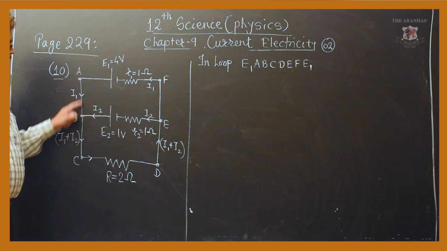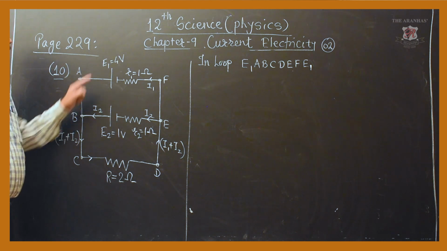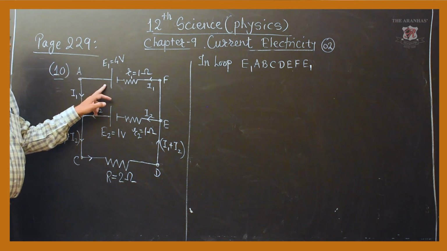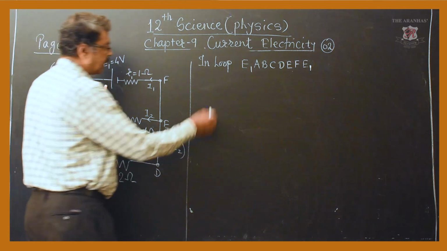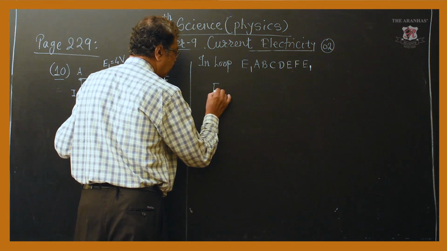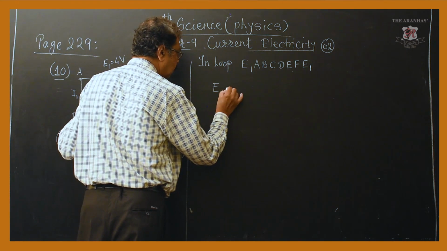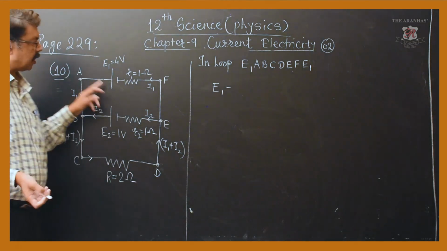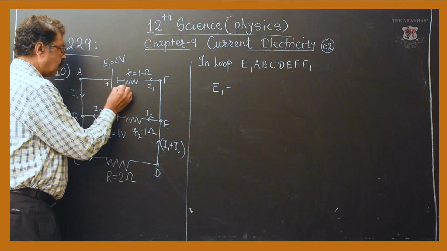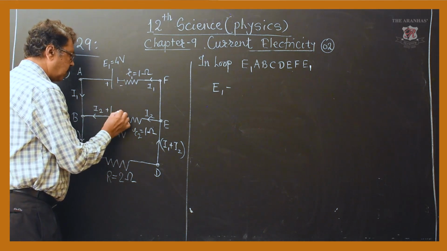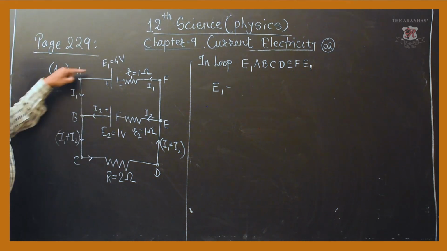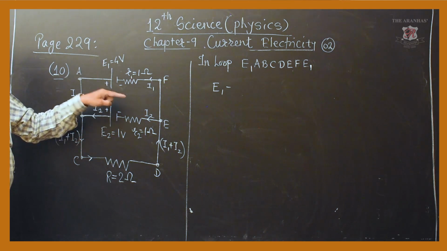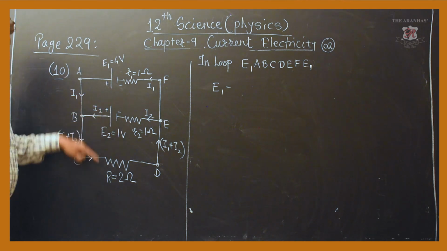Now, there is no resistance in this part. In this loop, I have started from the positive terminal of the battery, so I will write E1 equal to, or if you want me to use the convention once, I will do that. Current is flowing in the same direction as that of tracing the loop.